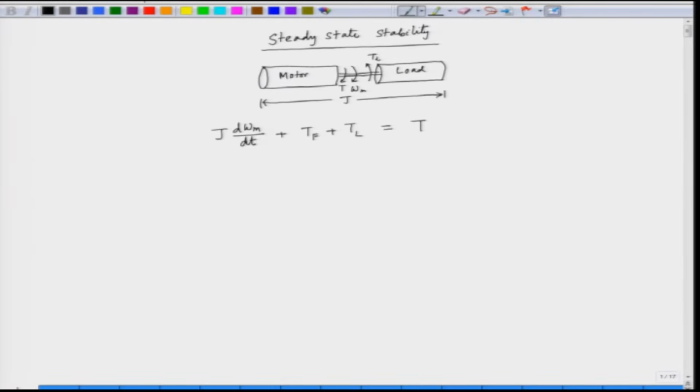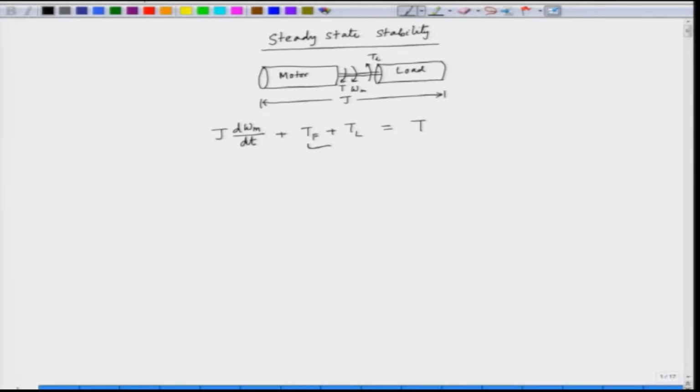Now, in this case we assume for simplicity that friction is 0, or we can include the friction with the load torque. So, this is combinedly known as the load torque T L.